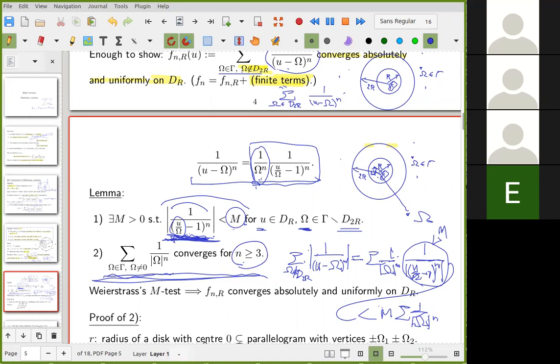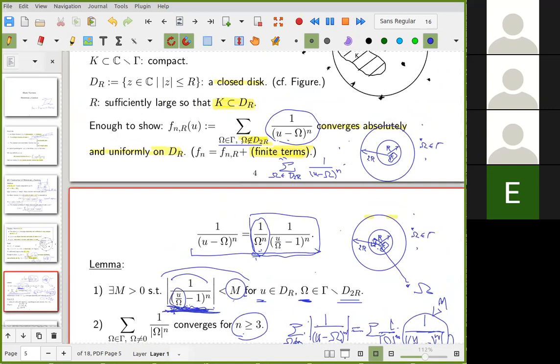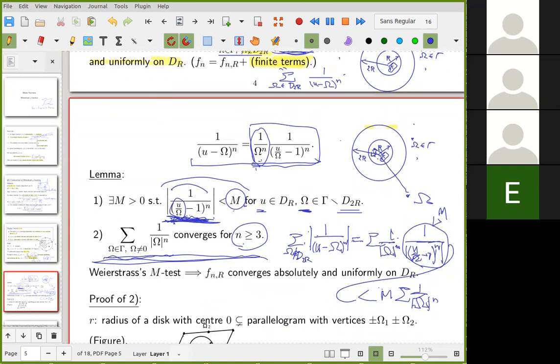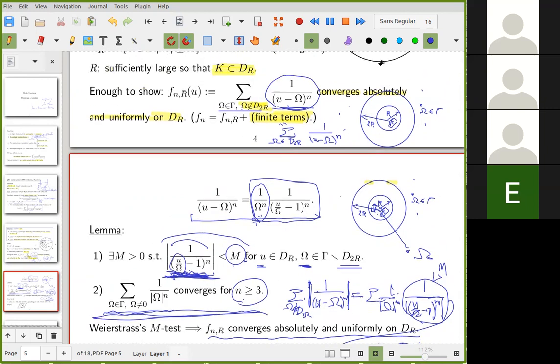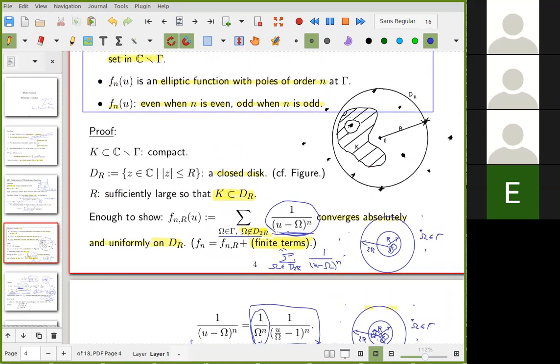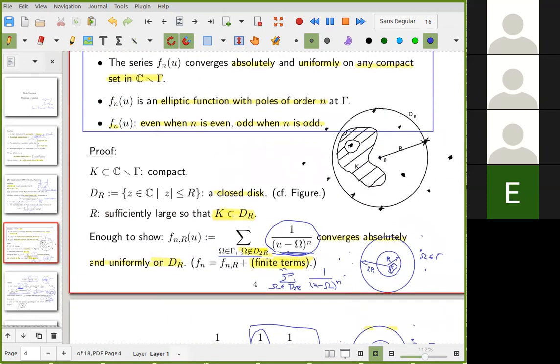What does this mean? This means that this series converges on this disk D_r absolutely because we take absolute value, and uniformly because this part does not depend on u. Yeah, this is the Weierstrass test.